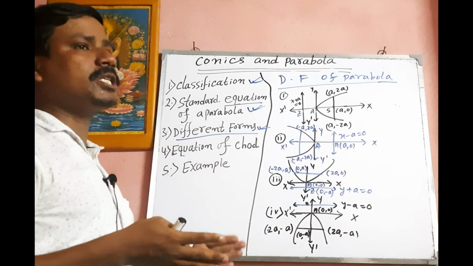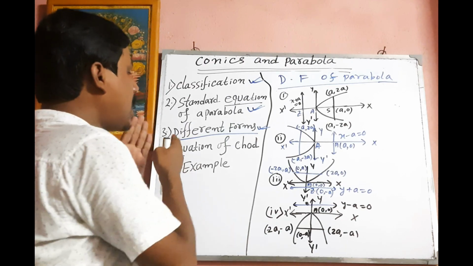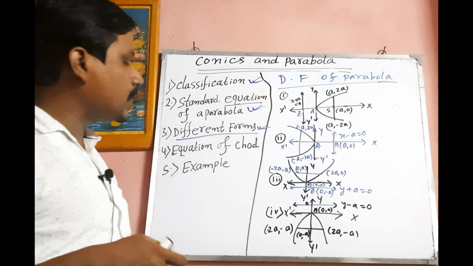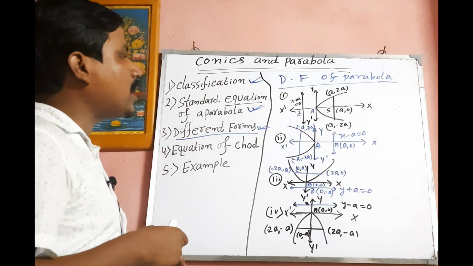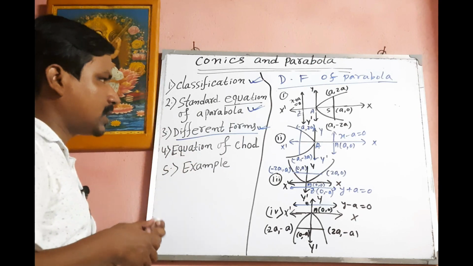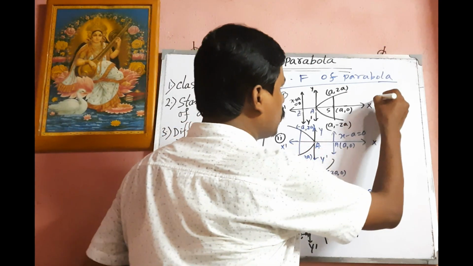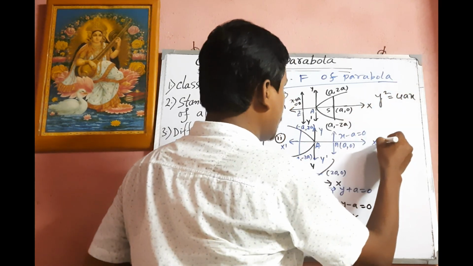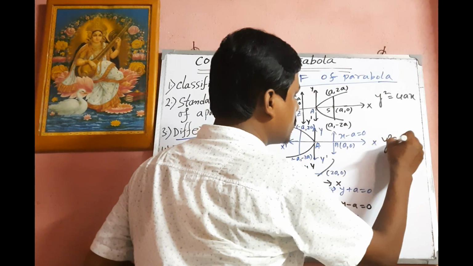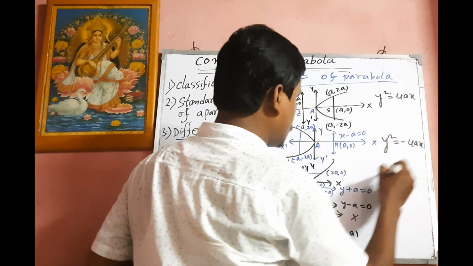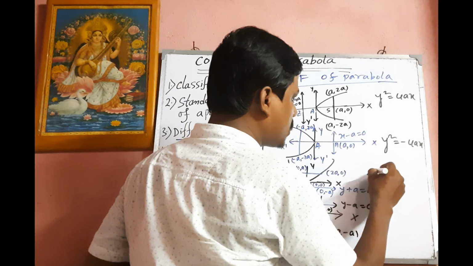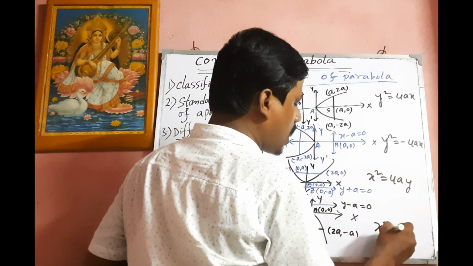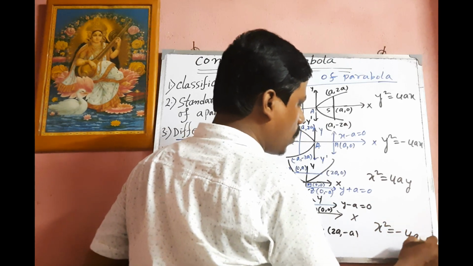One by one we are putting the four equations and their explanations: y square is equal to 4ax, y square is equal to minus 4ax, x square is equal to 4ay, and x square is equal to minus 4ay.